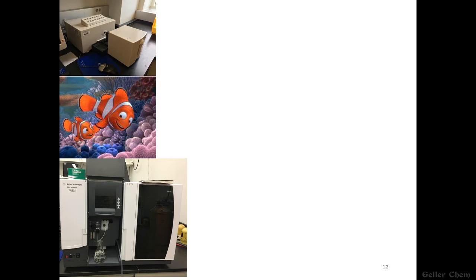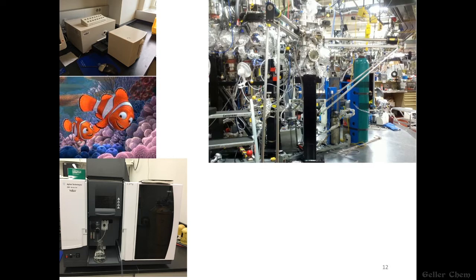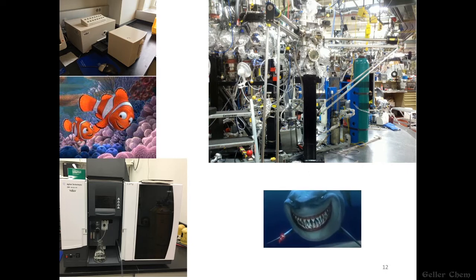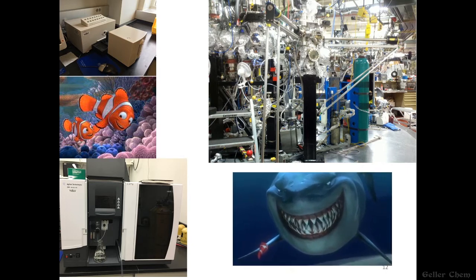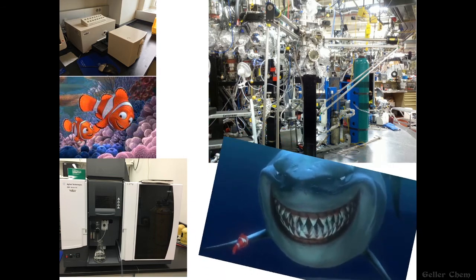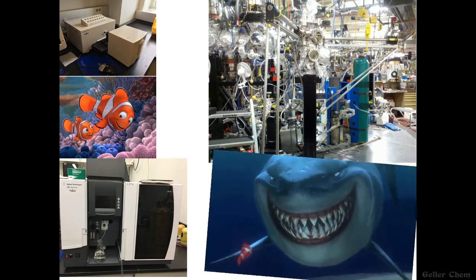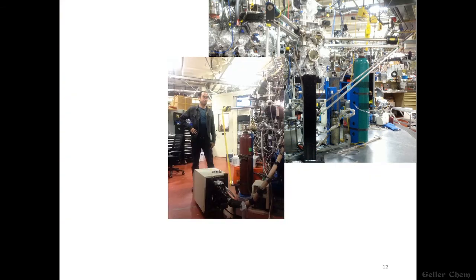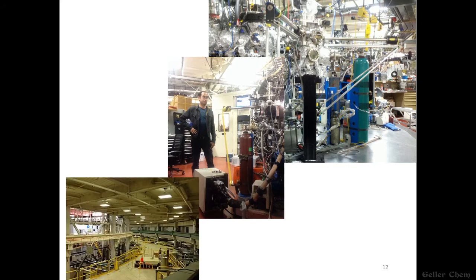For example, this is the instrument that I used in graduate school. You can see how I felt about it here. It's actually at a very neat facility called the Advanced Light Source over in California, where an enormous amount of X-rays are produced in this ring here, which is actually a rather large particle accelerator known as a synchrotron.